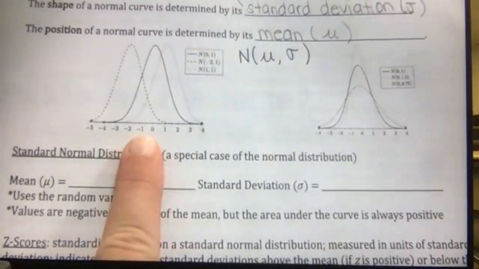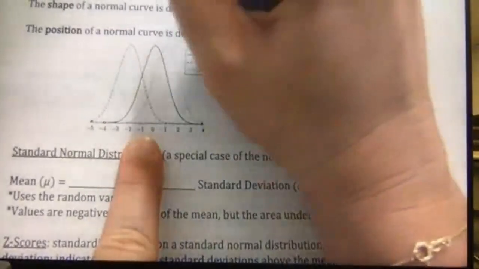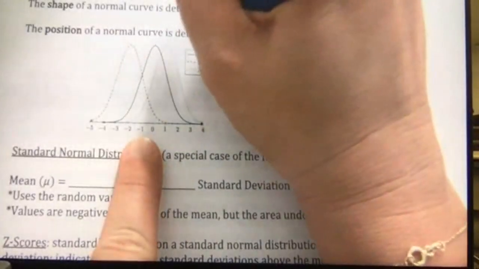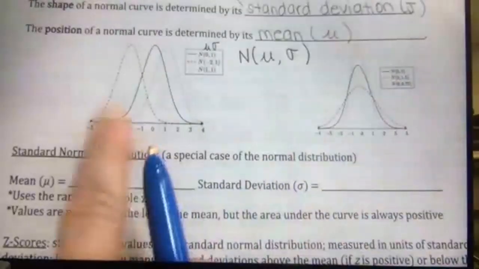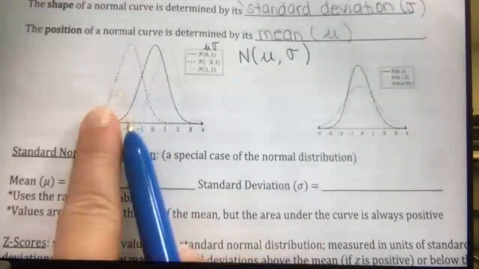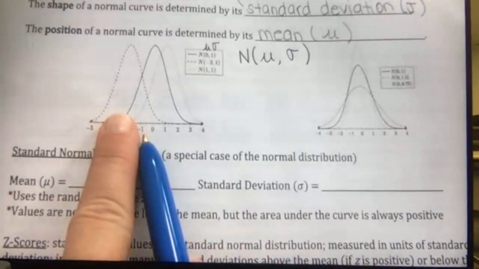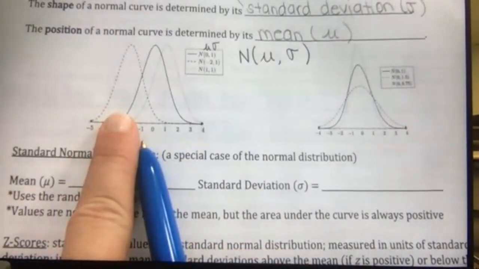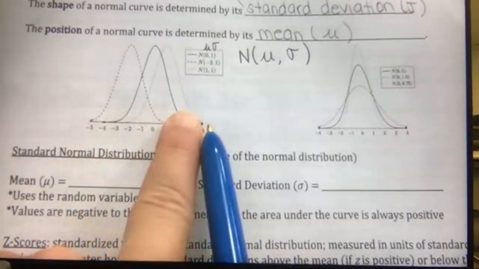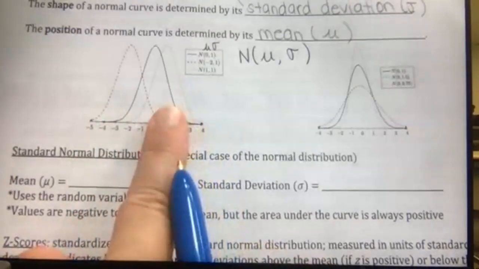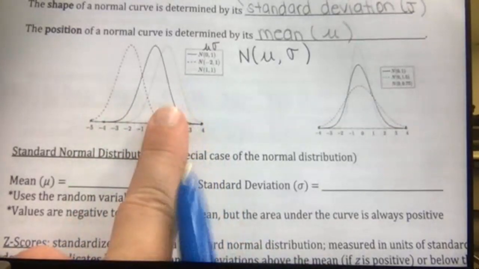Notice for this first example, our solid line has a mean of 0 and a standard deviation of 1. The dashed line over here to the left has a mean of -2 and a standard deviation of 1. And the dotted normal curve over here has a mean of 1 and a standard deviation of 1.